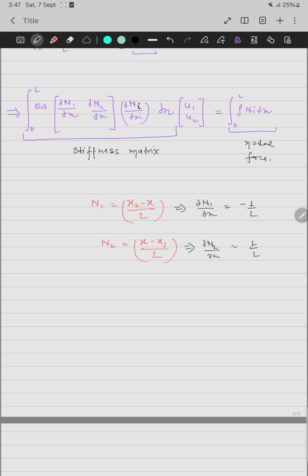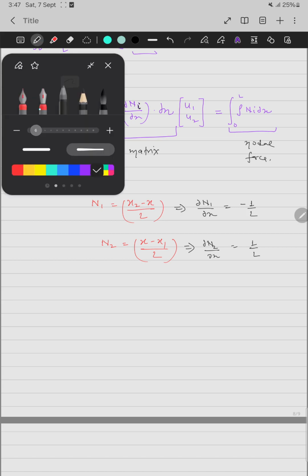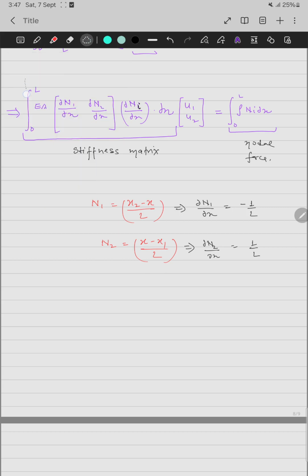So in place of del N1 by del x we will put minus 1 by L. So let me write both equations in this way.